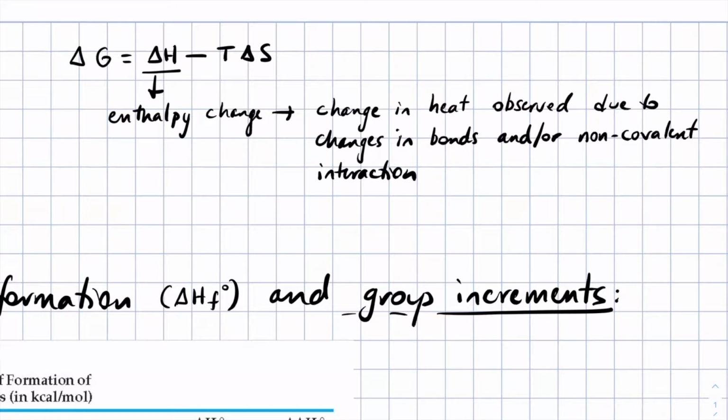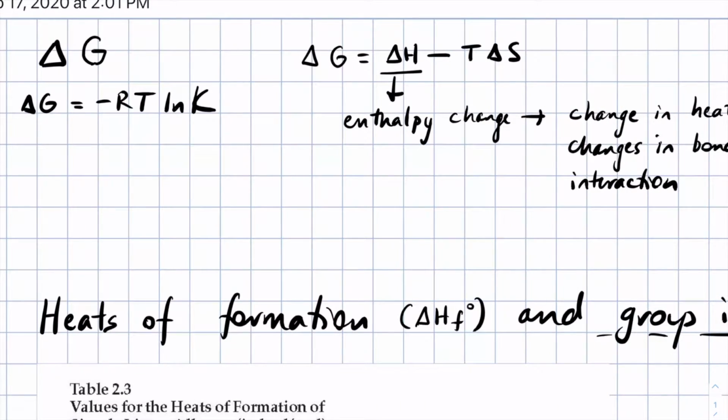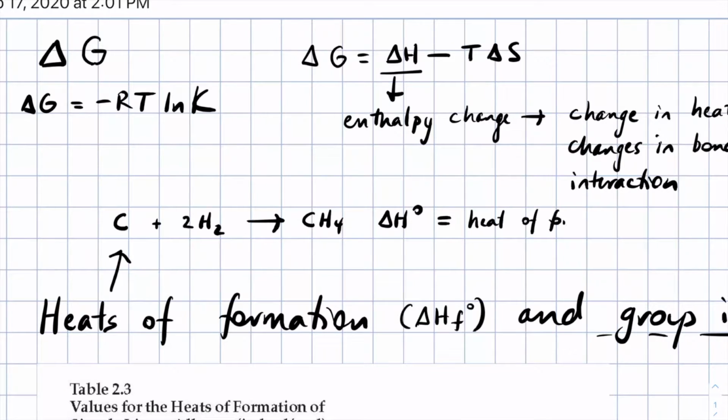To make these comparisons between molecules, we need a good starting reference point. And for that, we turn to these tabulated heats of formation. The heat of formation describes, for example, the reaction of making methane from elemental carbon and elemental hydrogen, and the delta H for that reaction is the heat of formation.